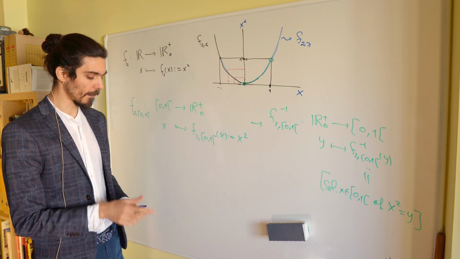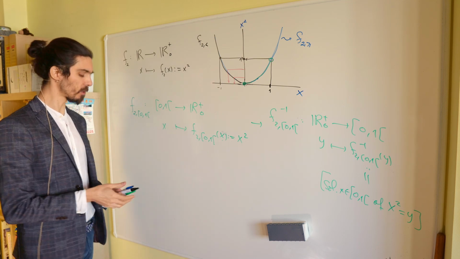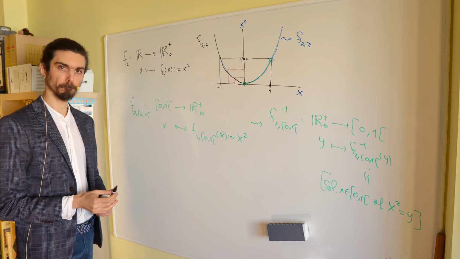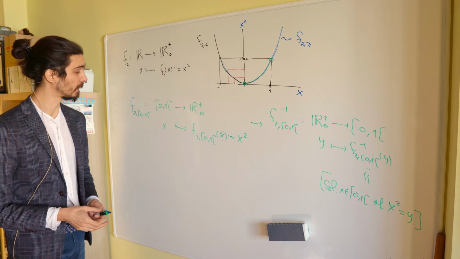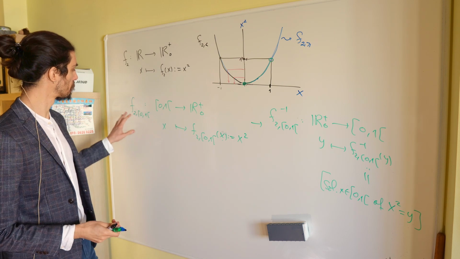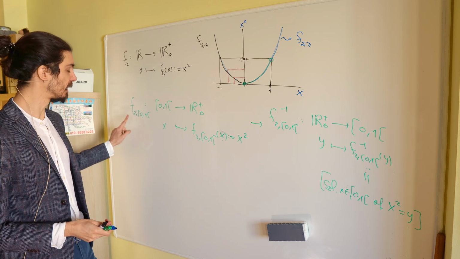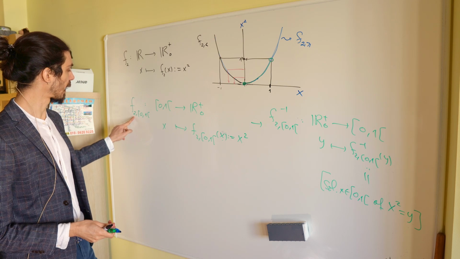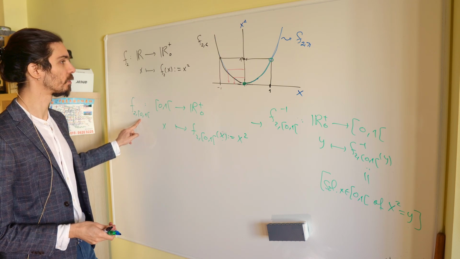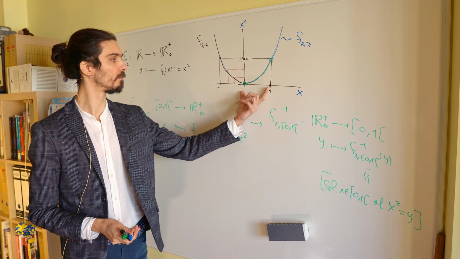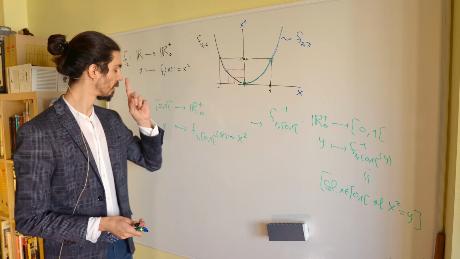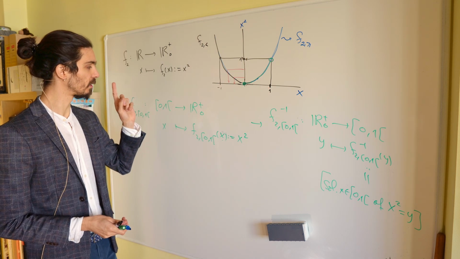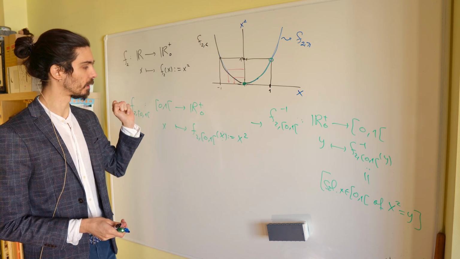Now, again, is everything okay with what I just did? Let's see. First question: is this bijective? Well, it's f2 restricted between 0 and 1, but what is the codomain of this?